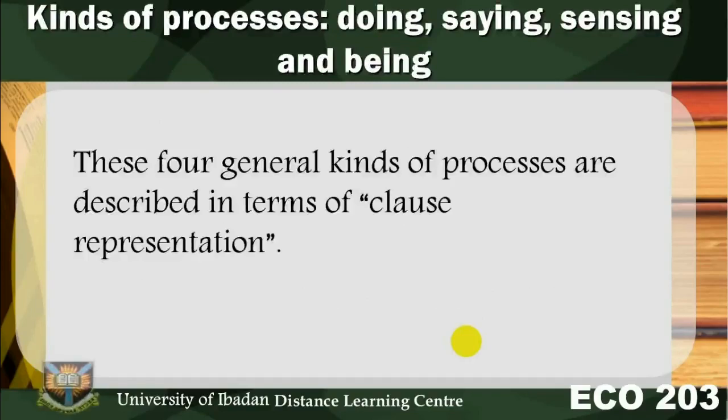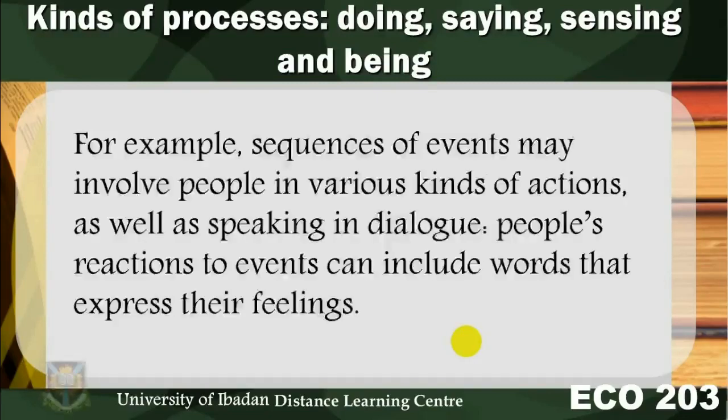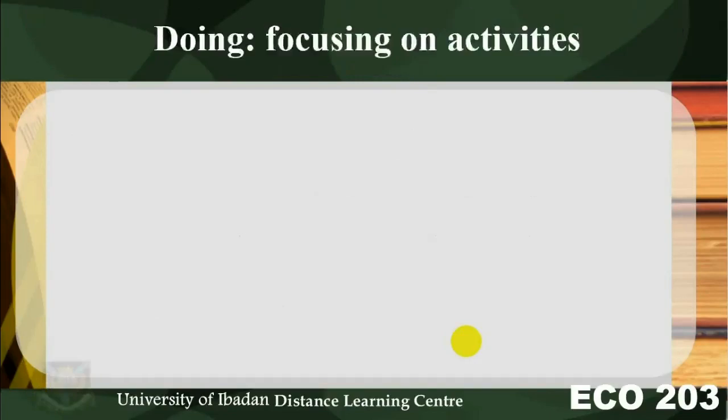These four general kinds of processes are described in terms of clause representation. For example, sequences of events may involve people in various kinds of actions, as well as speaking in dialogue. People's reactions to events can include words that express their feelings.